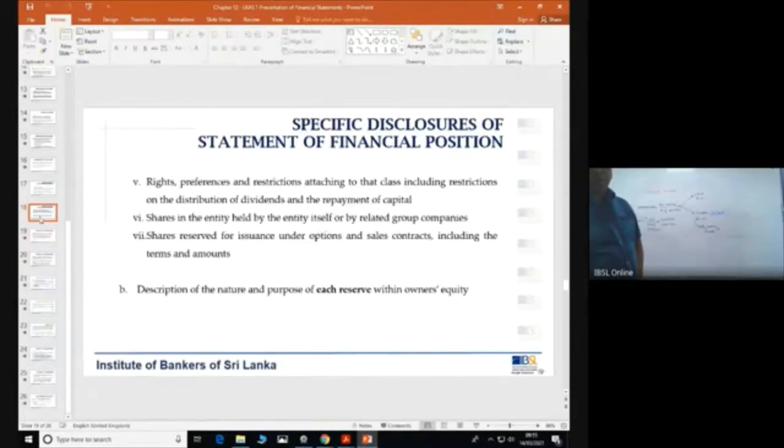Now, when we talk about the statement of financial position, we have different types of presentation. When you look at a bank, the way a bank presents its components in the statement of financial position might differ from a normal trading business.